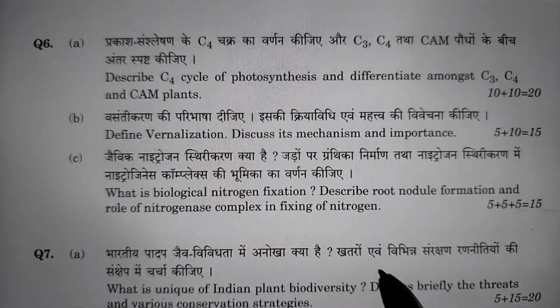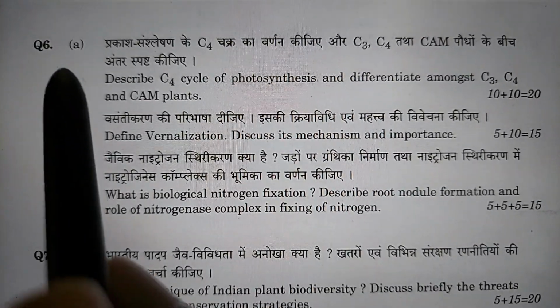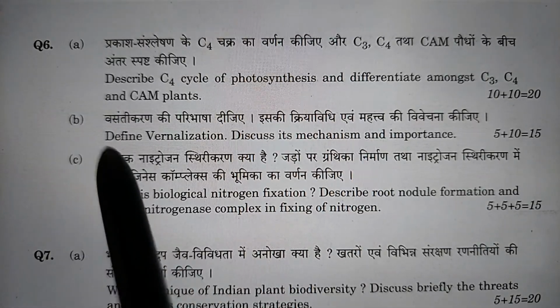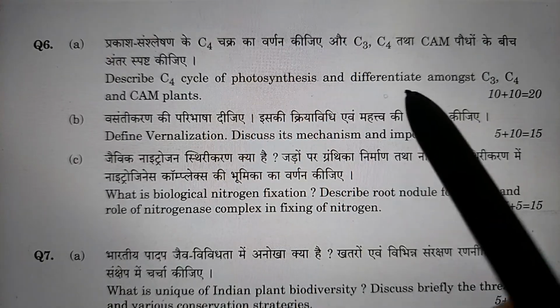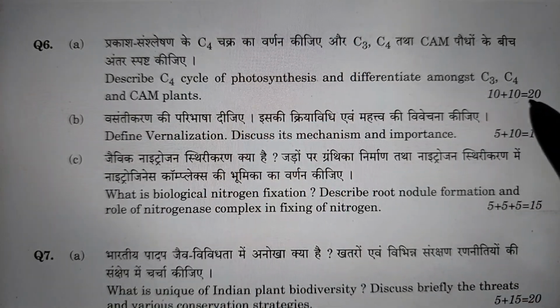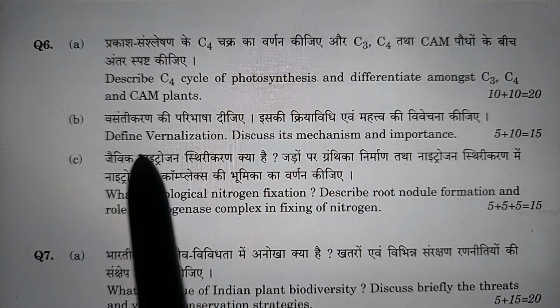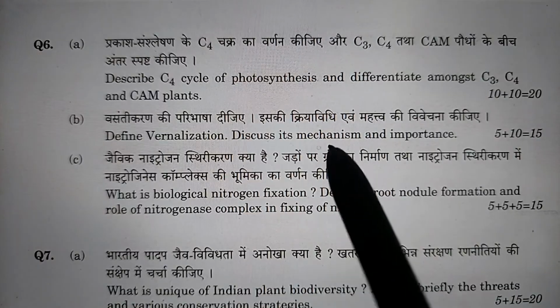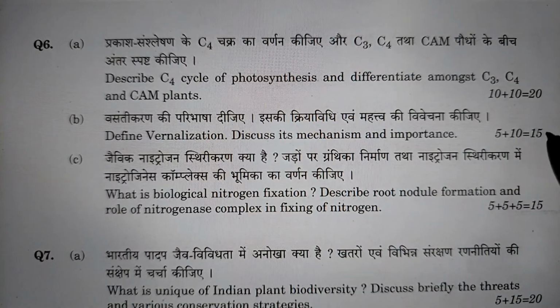Now question number 6. This question number 6 is also have 3 options, A, B and C. A is describe C4 cycle of photosynthesis and differentiate among C3, C4 and CAM plants. This is 10 plus 10, total 20. Option B is define vernalization, discuss its mechanism and importance, 5 plus 10, total 15.